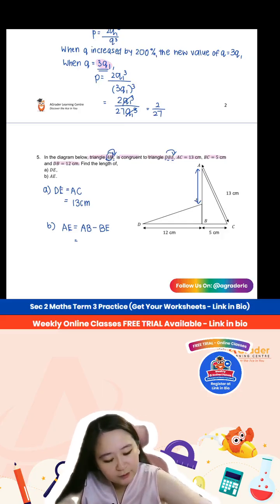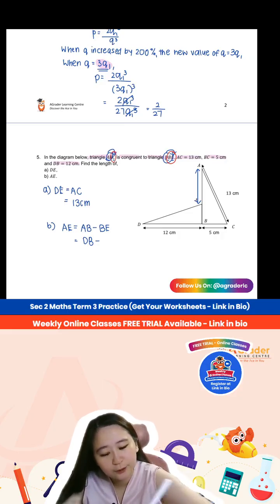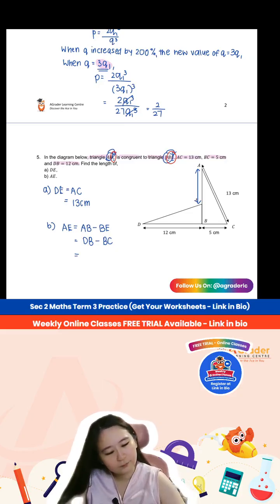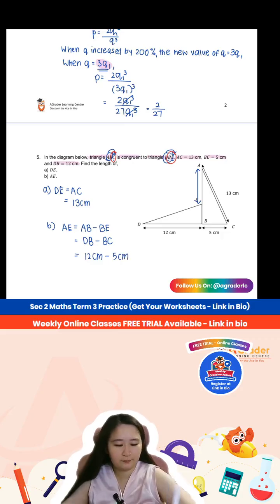So AB is the first two letters, so it will correspond to DB. Then BE is the last two letters, so it will correspond to BC. So we have the length DB, DB is 12 cm, BC is 5 cm. With that, we can find the length AE, which is 7 cm.